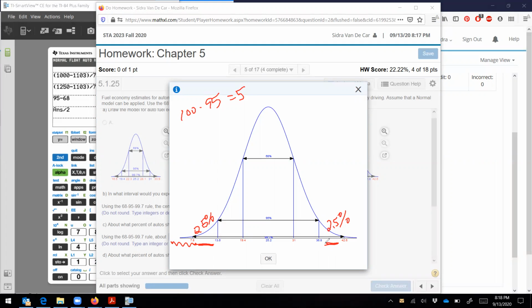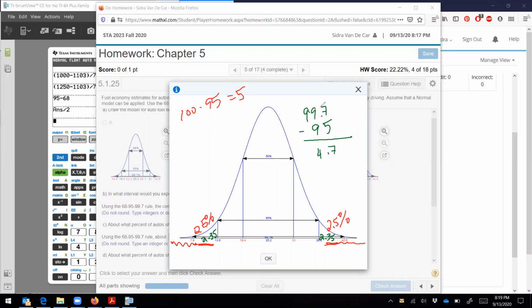So it's not just between these two values, it's everything bigger, because just between these two values is the difference between 99.7 and the 95. The 95 is here, the 99.7 is the 3. So that means 4.7 is split here and here. So again, if I divide that in half, that'd be 2.35. So 2.35 would be here, and 2.35 would be here.